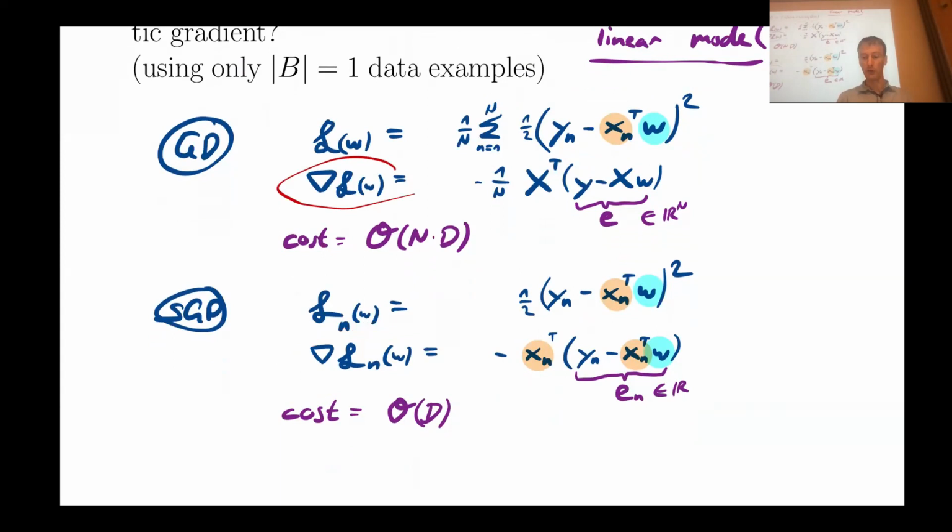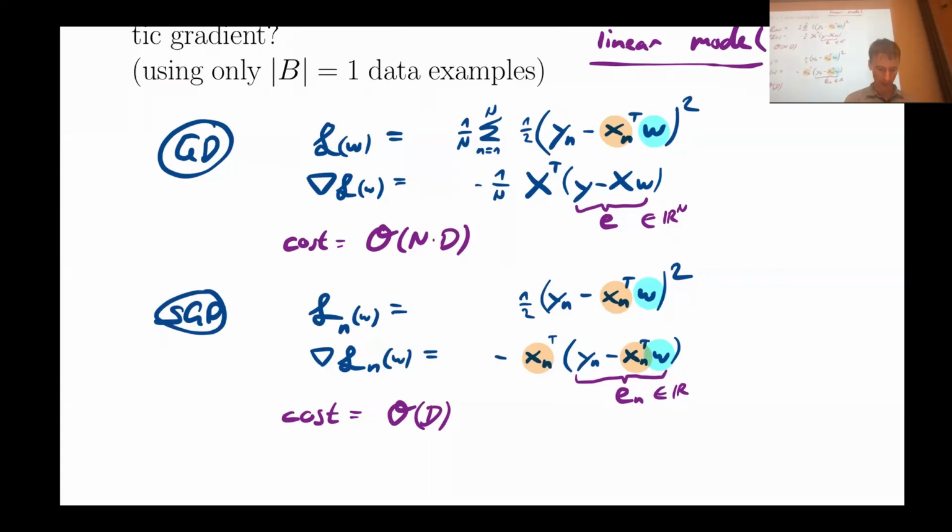That's true in deep learning as well. Even if you just have a black box which gives you a gradient, you call this black box n times, and then you get the full gradient. So both in deep learning and in linear models, SGD is n times cheaper than the full gradient. And this is assuming batch size 1. If you have a larger batch size, it costs a bit more again. Any questions on this?